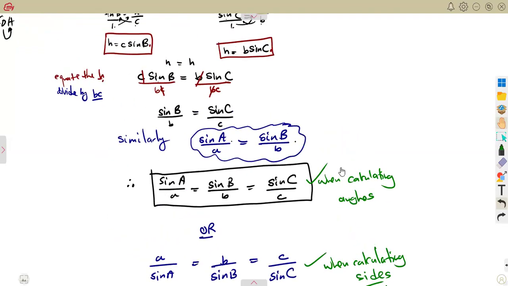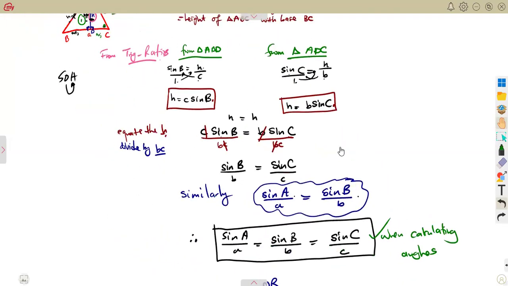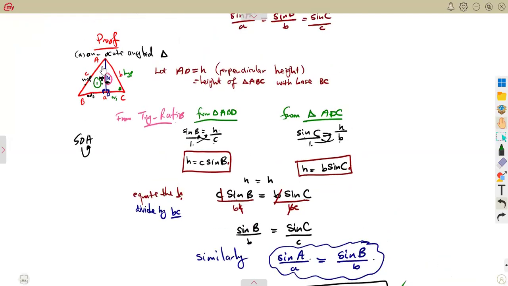In this case, we are working with an acute angled triangle. Let us consider the same condition, but where we have an obtuse angle. They might give you such a condition in an exam, and you need to prove it for an obtuse angled triangle.